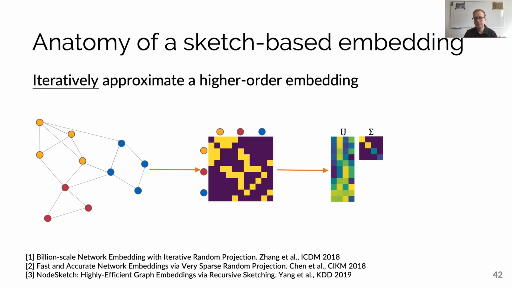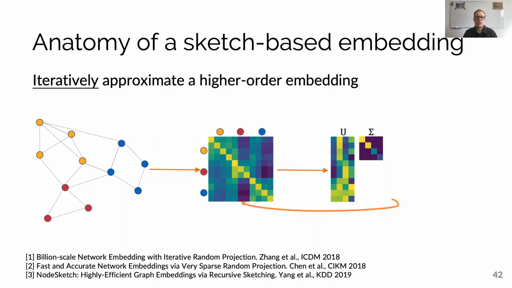The main idea of the methods in this category is that we iteratively approximate higher order embeddings, but we do not strive for reconstruction of a very specific similarity matrix. What we approximate is not an adjacency matrix, but rather a higher order matrix related to the graph.